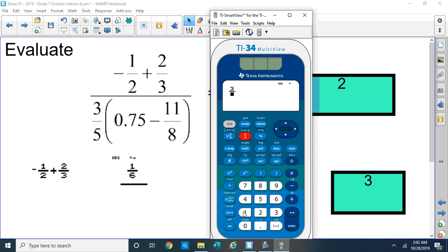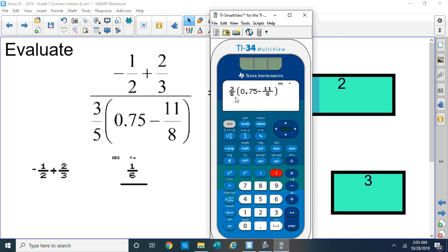I know you use the ABC button for 3/5, and just type everything in there. Parenthesis, now 0.75 minus 11/8. So get that in my denominator. Now go over a little bit, and here we go.